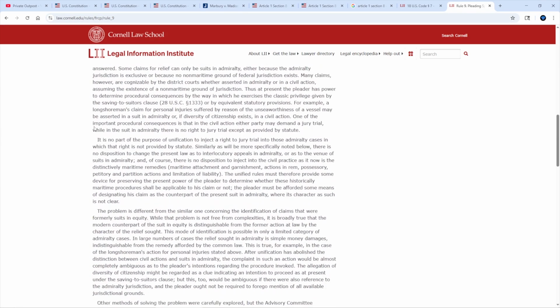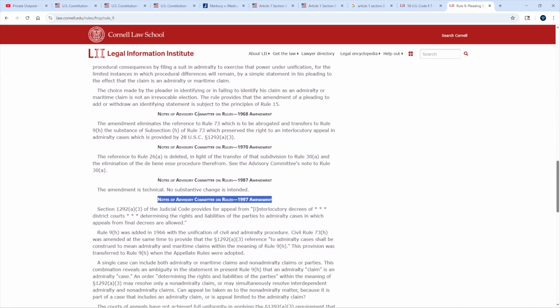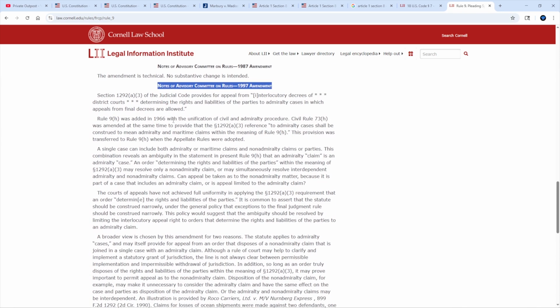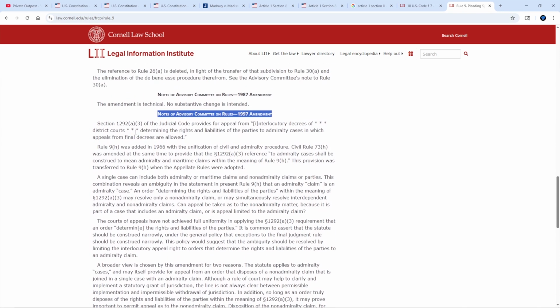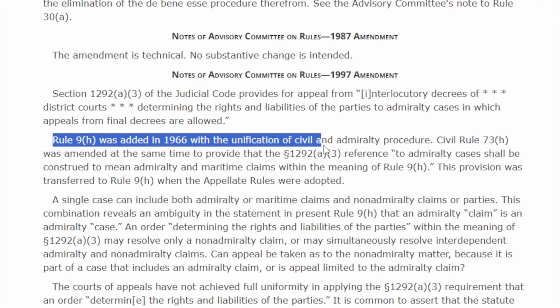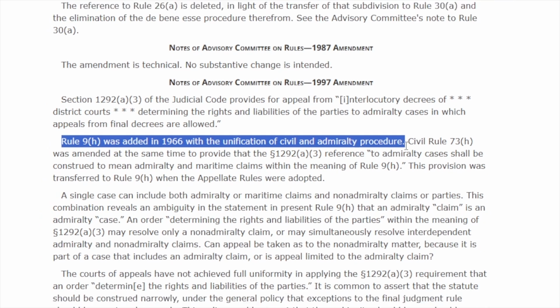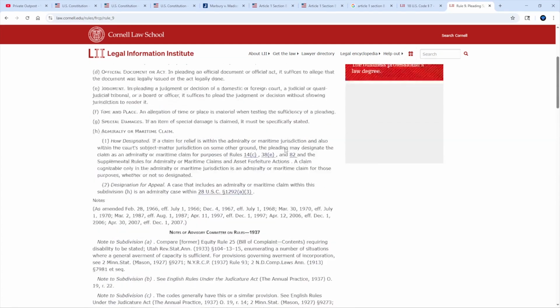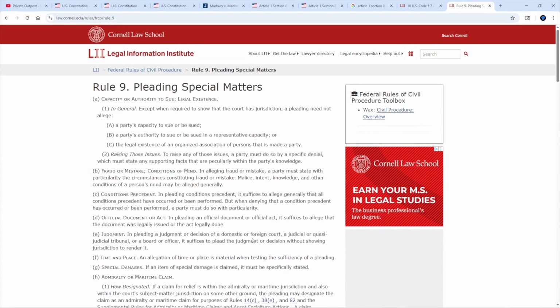We're going to scroll down just a little bit more here into the notes. These are all notes. This note in particular, in 1997, says Rule 9(h) was added in 1966 with the unification of civil and admiralty procedure. That was unified. It was merged into the civil procedures. That's how it came to be.